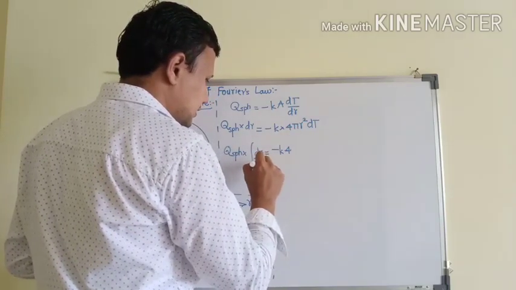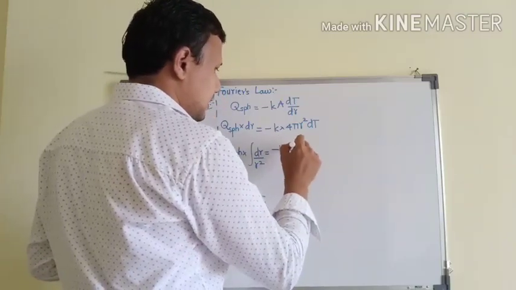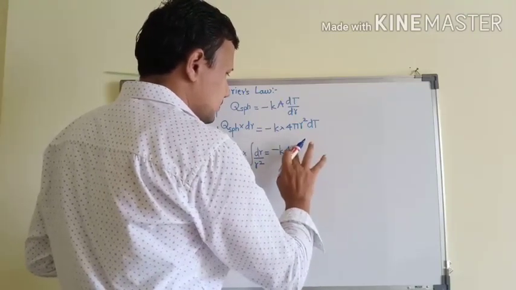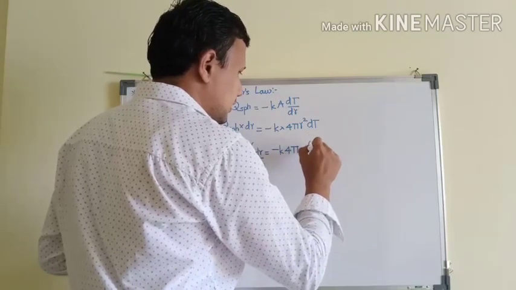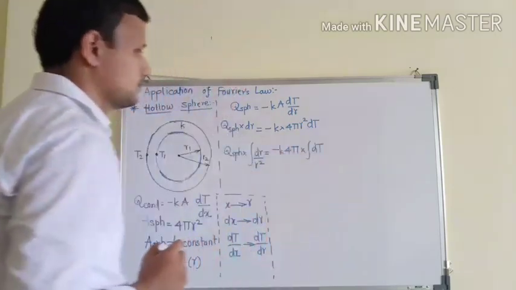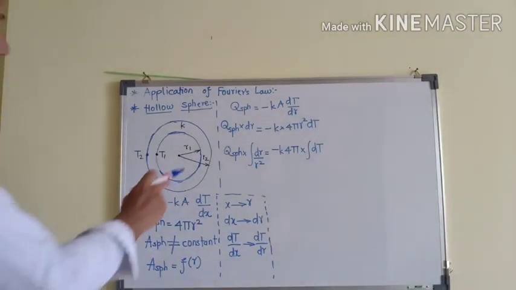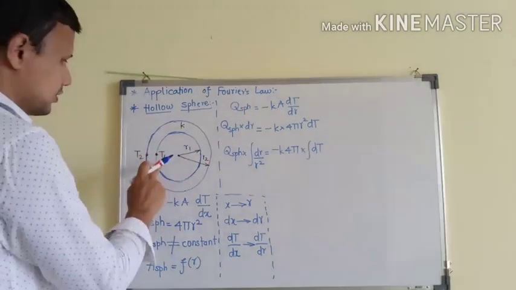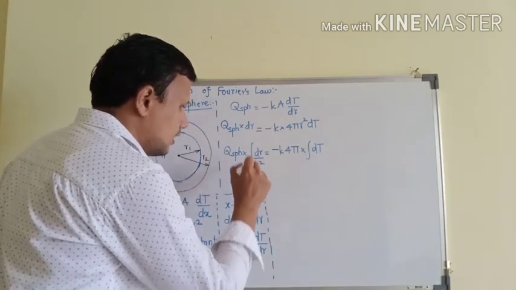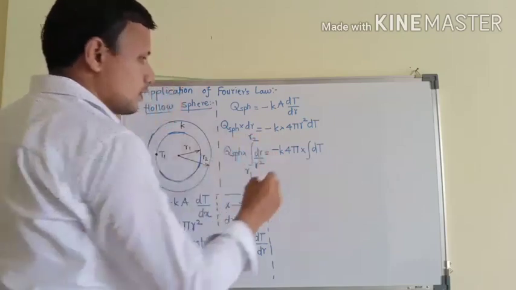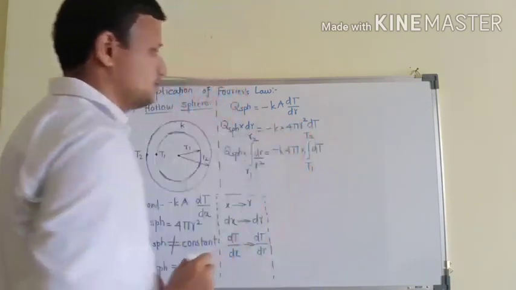Actually we should write it like this: dr upon r square, and on the right hand side minus k into 4 pi into integration of dT. Now, physics is changing between r1 and r2, and the temperature is changing between T1 and T2. So the limits of integration are r1 to r2 for r, and T1 to T2 for temperature.